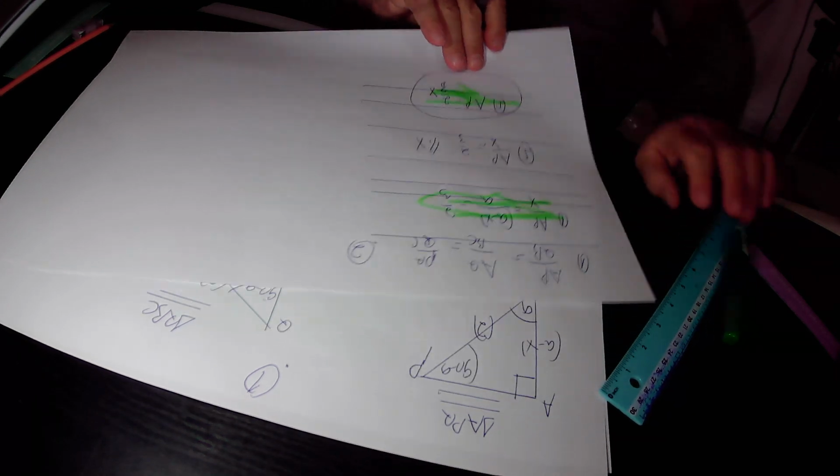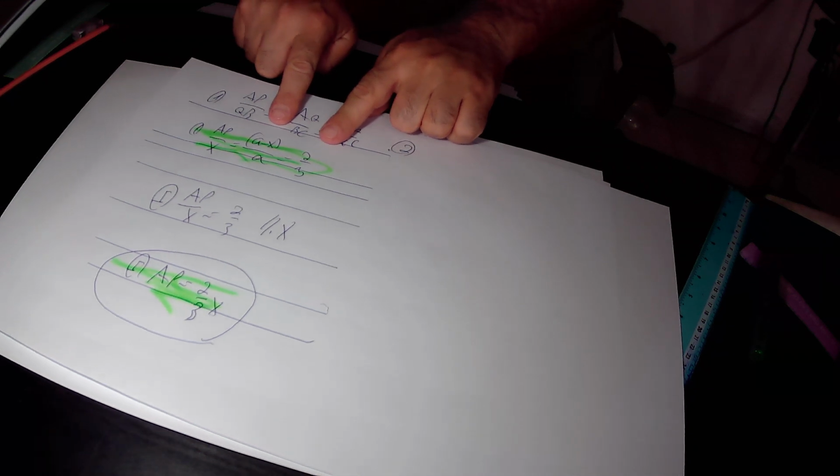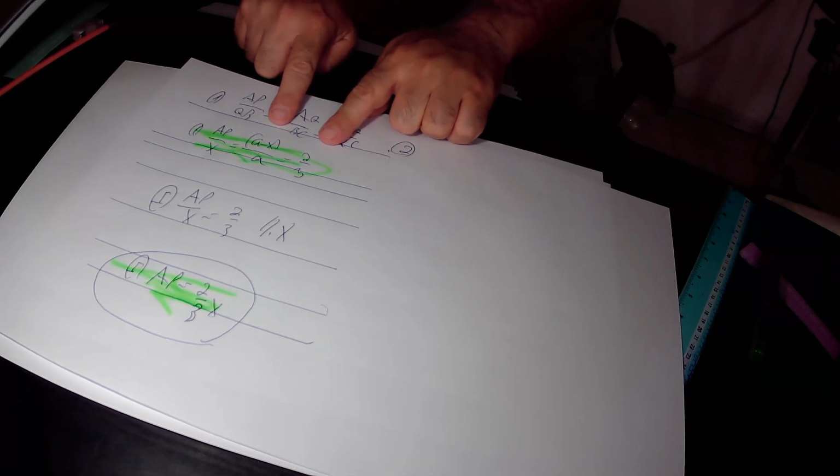So here, those two expressions are also equal to each other, so we create equation 2 from those two expressions that are equal to each other.